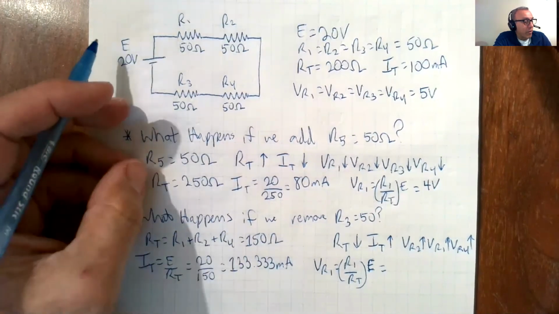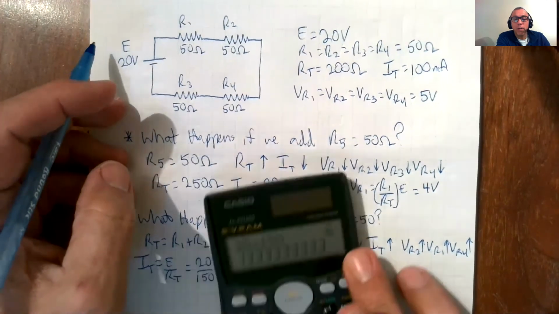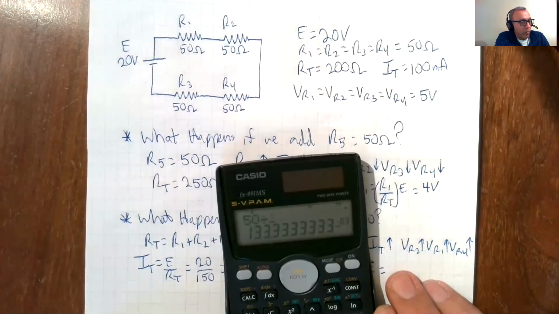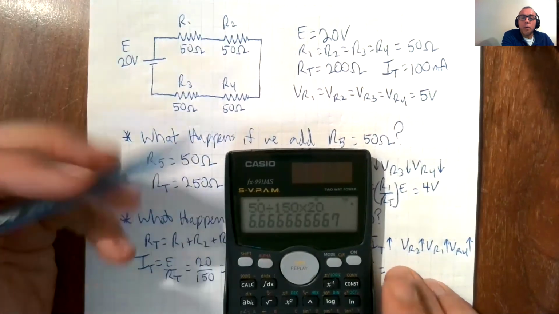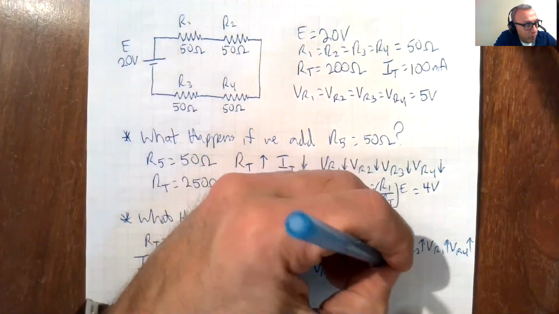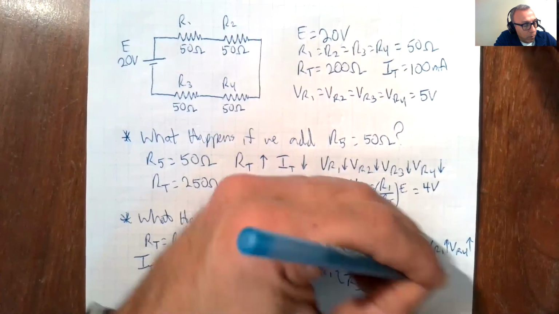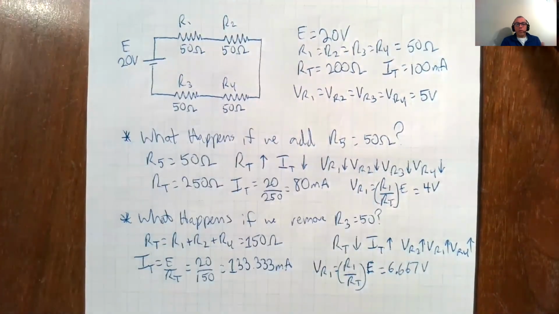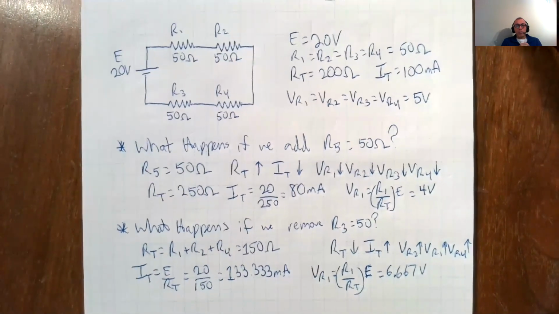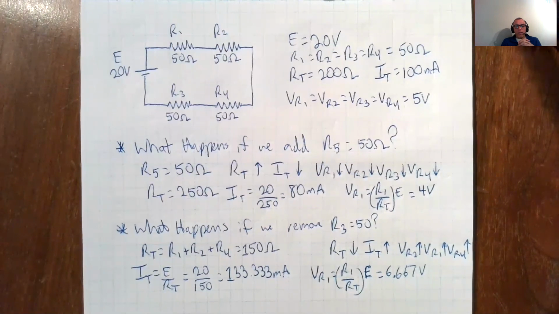So we have 50 over 150 times 20. 50 divided by 150 times 20. And now we have 6.667 volts. So that's what happens when we add or remove loads from a series circuit.